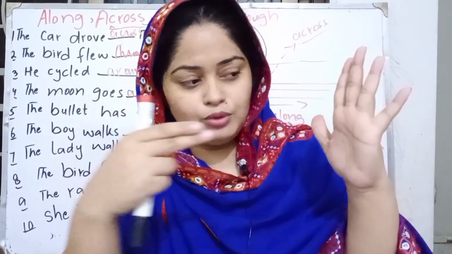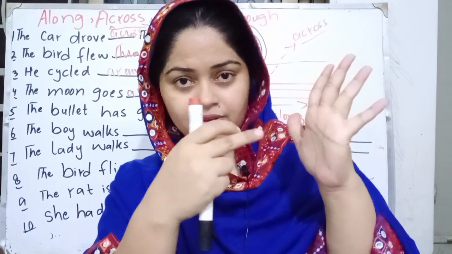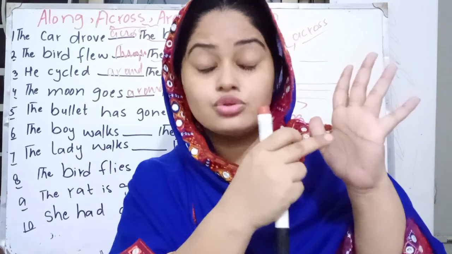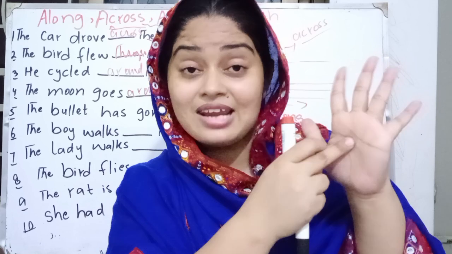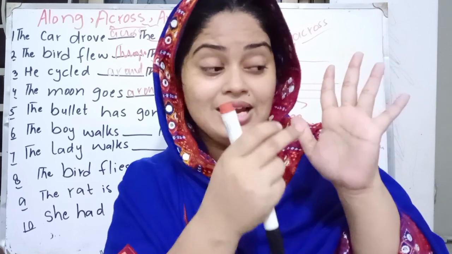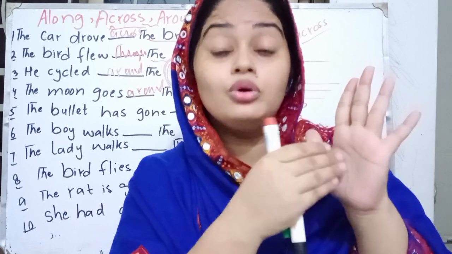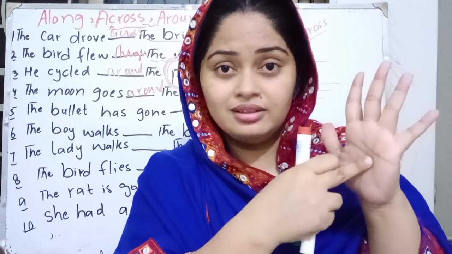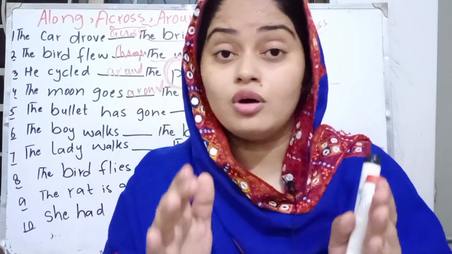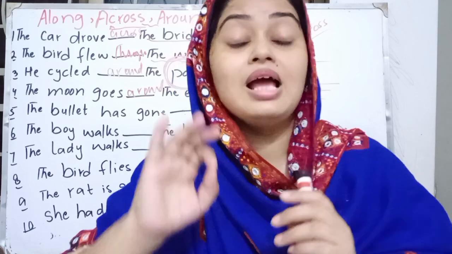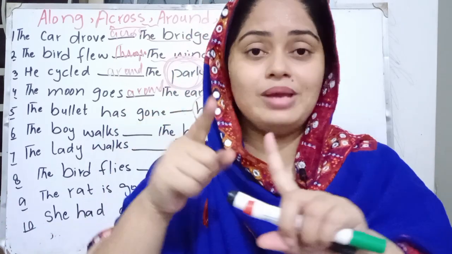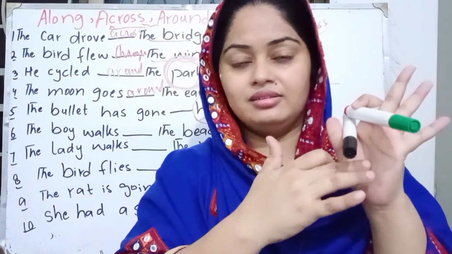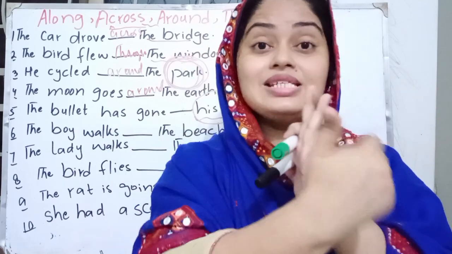For example, the bullet has gone from this end to this end, and it has to go through this channel of the hand. So the bullet has gone through his hand. It means that whenever the preposition through is there, there should be a medium, a channel, and something goes through that channel to reach another end.